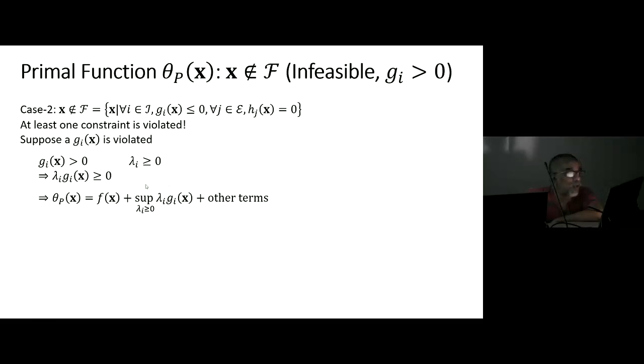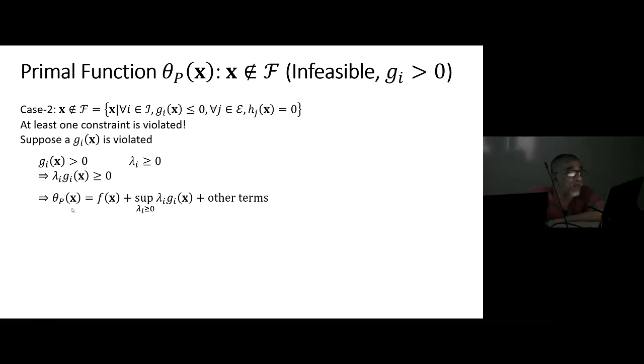Now, what's the supremum of this? Noting that lambda i g i of x always remains non-negative, it's positive or 0. Correct? How do we maximize this? Simply by letting lambda i approach plus infinity. Correct? In which case, this term becomes infinite.